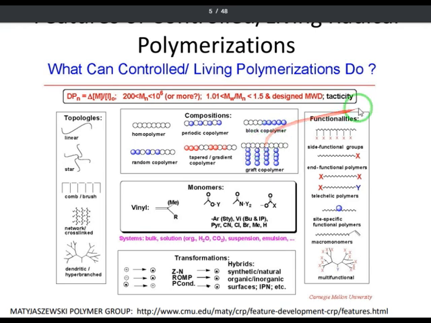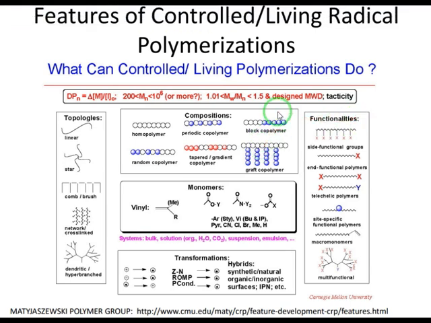So these are the features of the controlled and living polymerization that gives us the ability to control the formation and the growth of the polymeric chains. But now what I want to do is to characterize the controlled and living polymerization based on the kinetics, the rate of reaction, and see how the propagation of monomers into the polymers is going to occur.